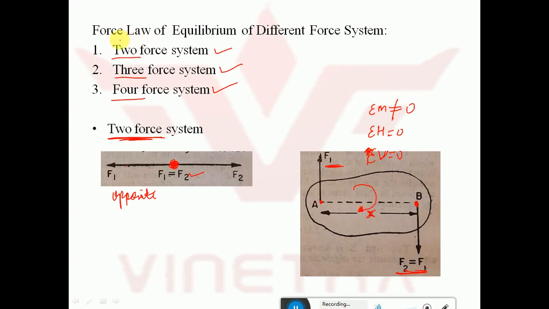So as per the force law of equilibrium for a two force system, if the two forces have the same magnitude, are collinear and act in opposite directions, then only a two force system will be in equilibrium. Otherwise it will not be in equilibrium.